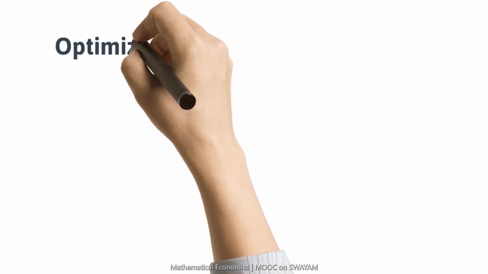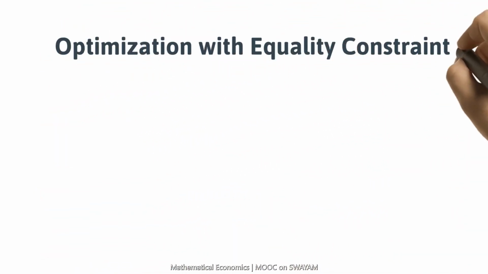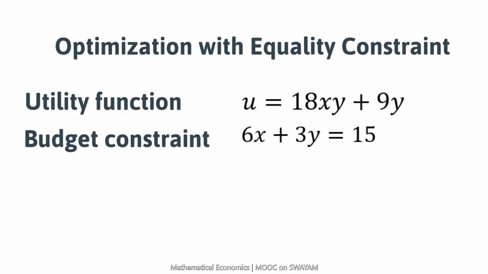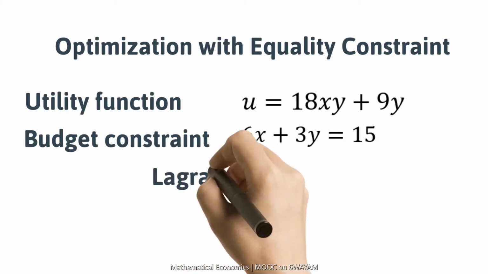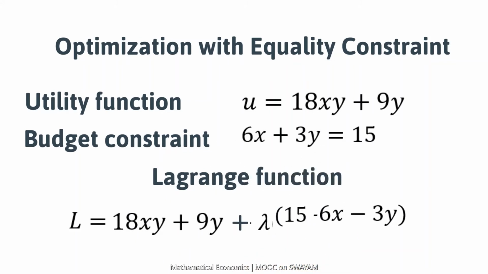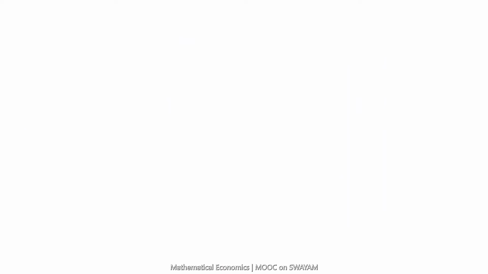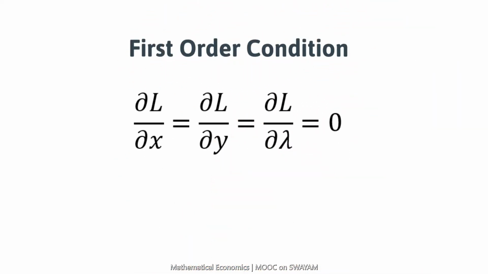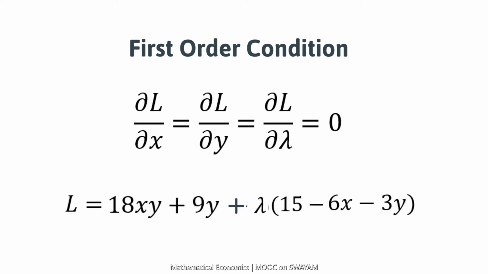Yes, this is a problem of optimization with equality constraint. Maximizing the utility function subject to the budget constraint requires us to construct the Lagrange function. The first order condition requires first differentiations to be equal to 0.